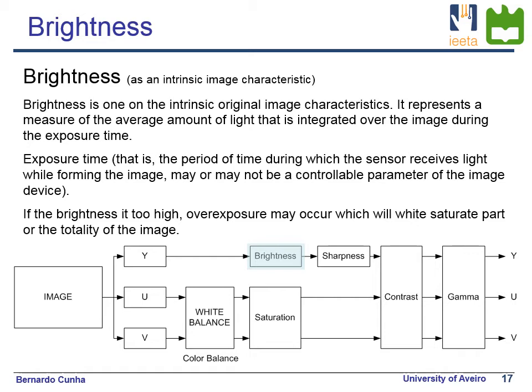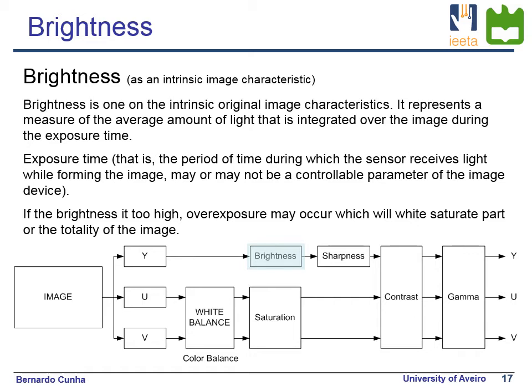In this way, depending on the exposure time, you can have more light energy gathered on the image or less. Exposure time also has an impact on the maximum frame rate, that is the maximum number of images per second that you can get from a camera.